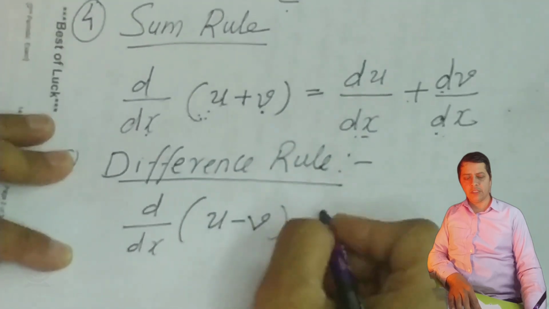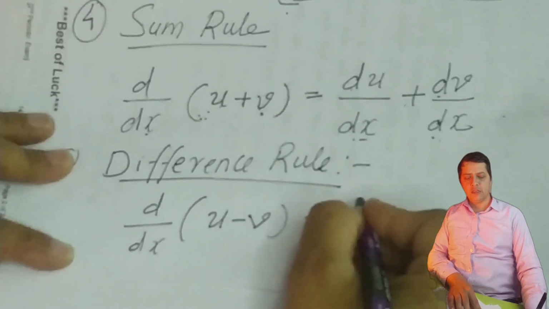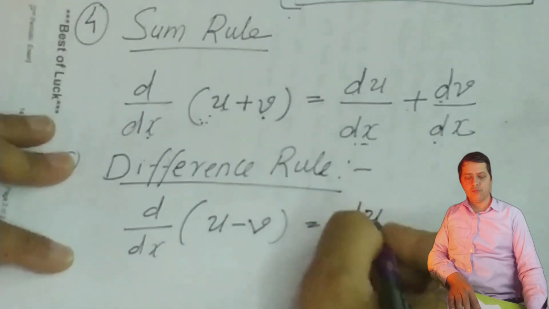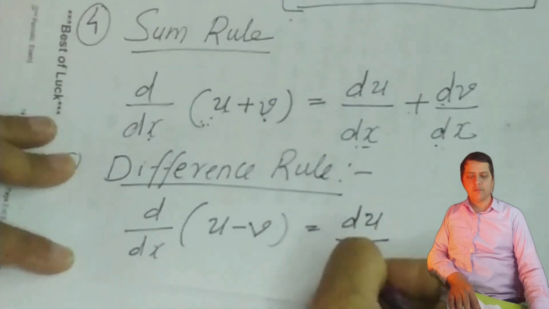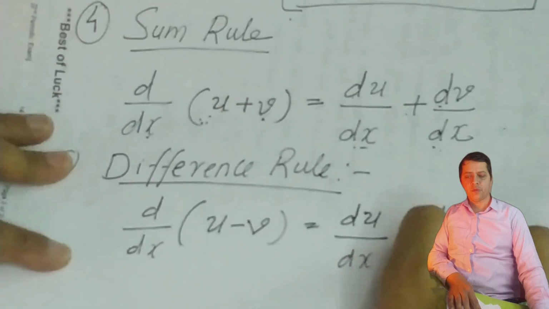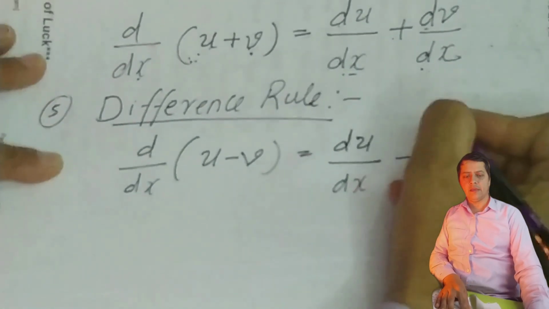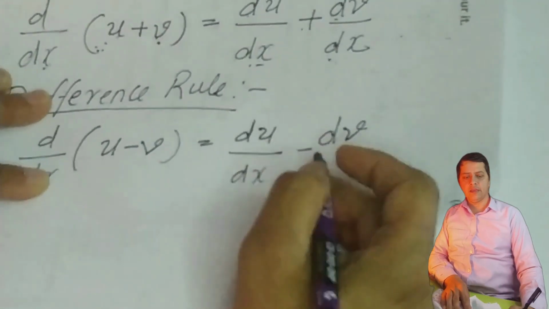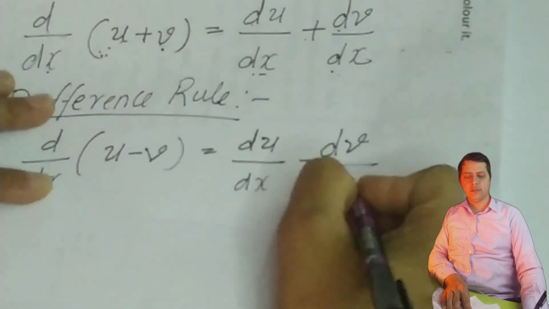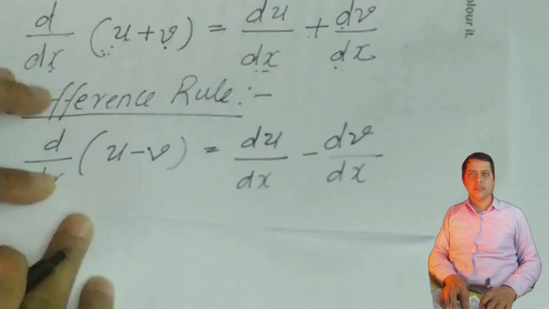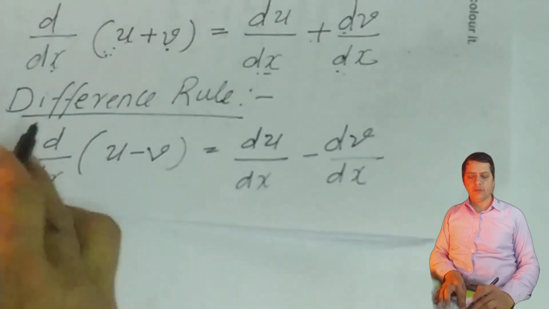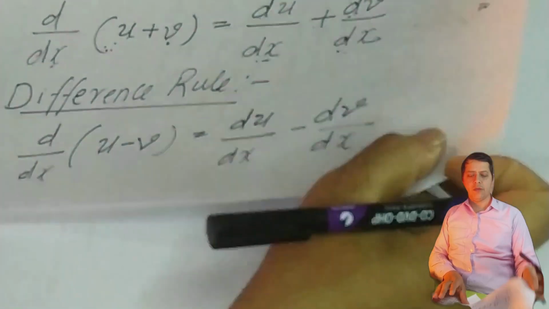Then it will be the same thing, du by dx minus dv by dx. So that's called difference rule. I hope I'm clear, my friends, about this difference rule.